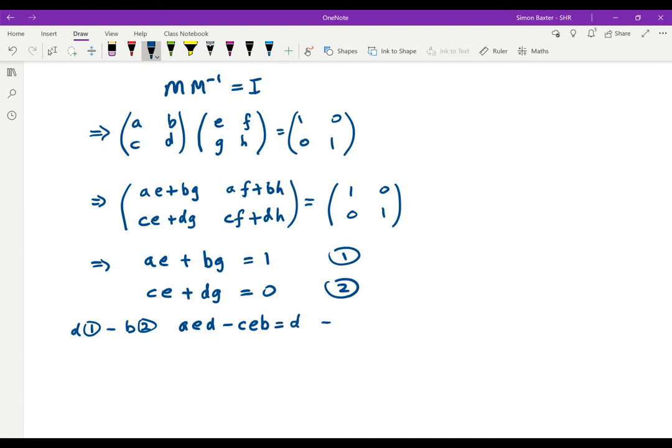And that gives us that E is equal to D divided by AD minus BC.